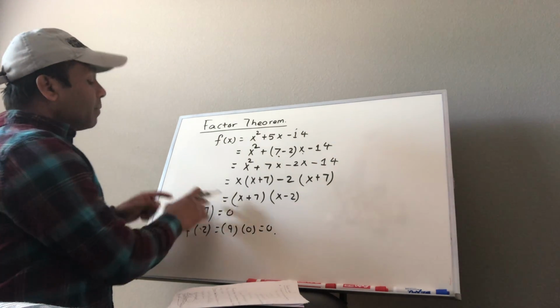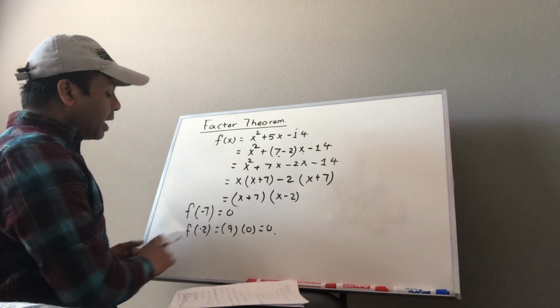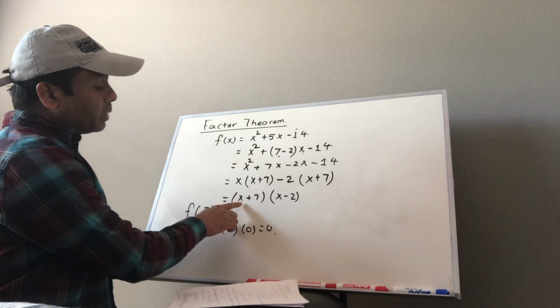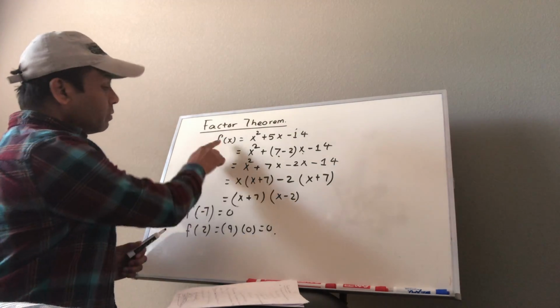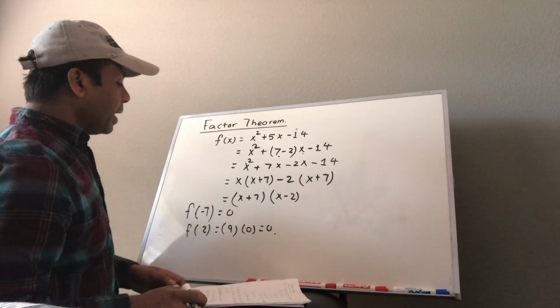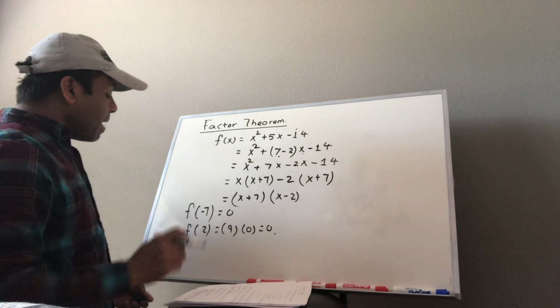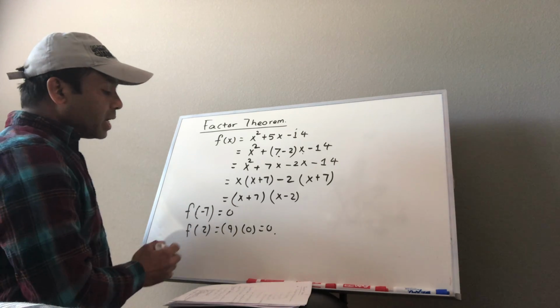So you see that f of negative 7 is 0 and f of 2 is 0, and you know that x plus 7 is a factor of f(x) and x minus 2 is a factor of f(x). So now, what is the name of this negative 7 and 2?